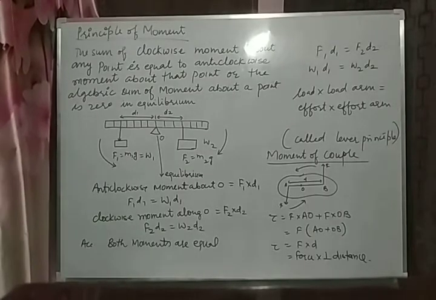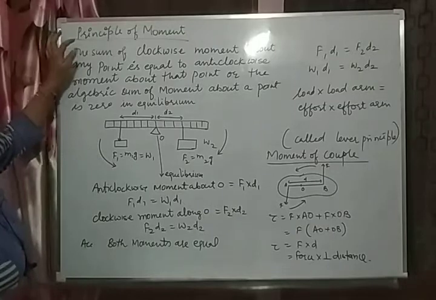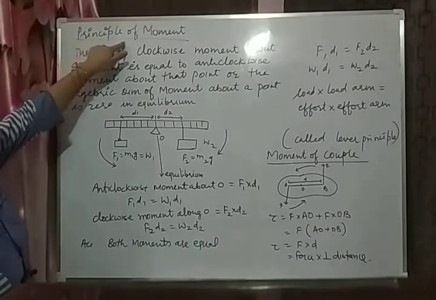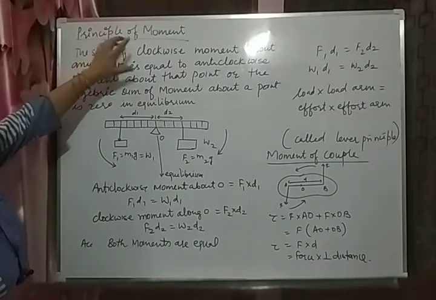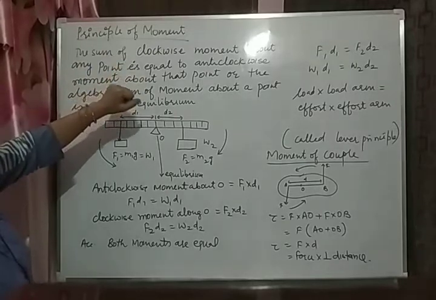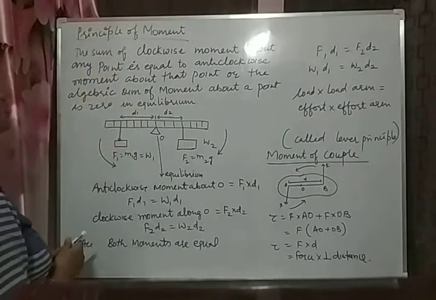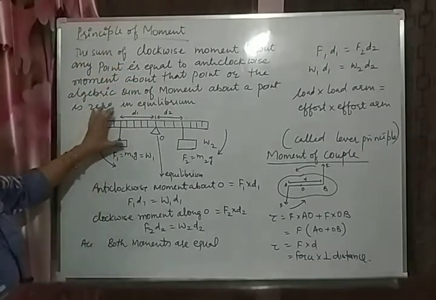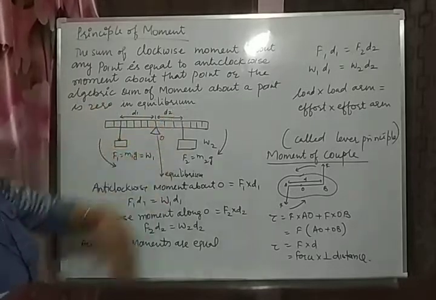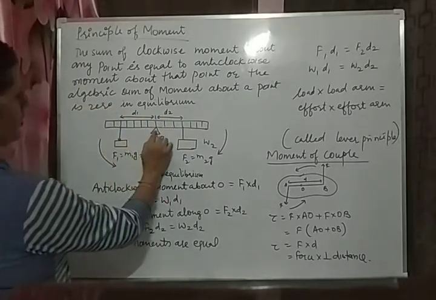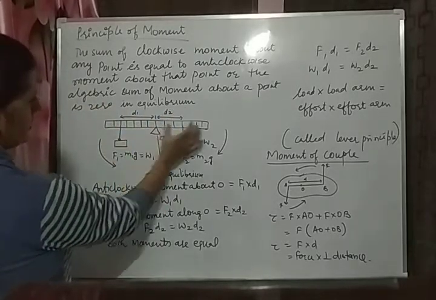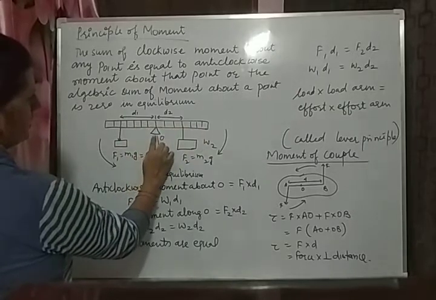Now let us discuss another topic, that is the principle of moments, how the forces or the torque is related to the effort. This is the figure shown to you. Here is the equilibrium point. When we balance this figure, the center of gravity lies here.